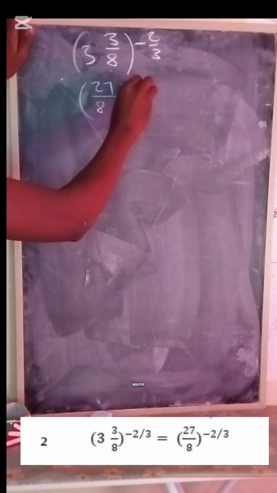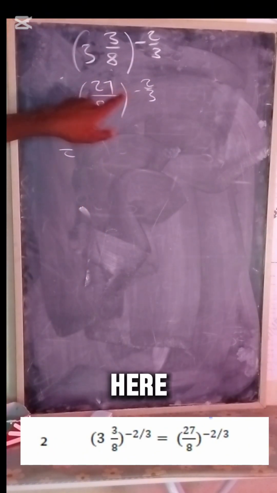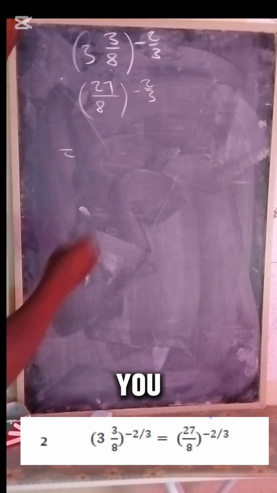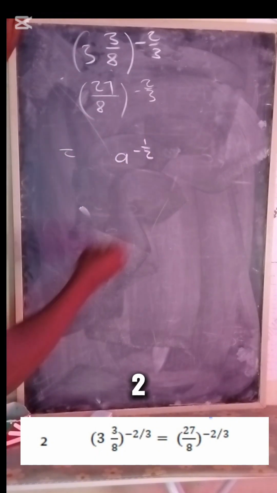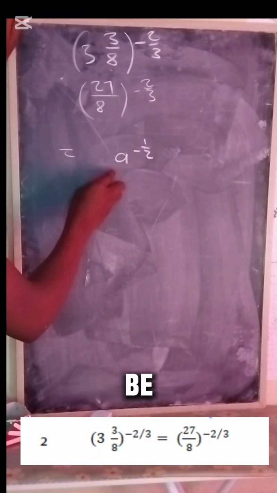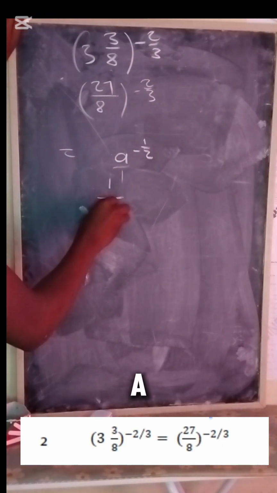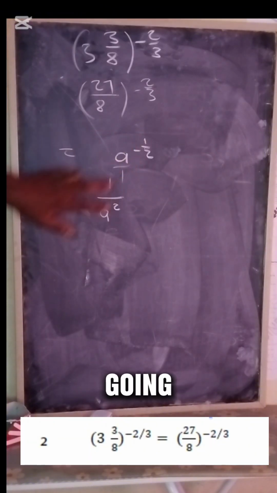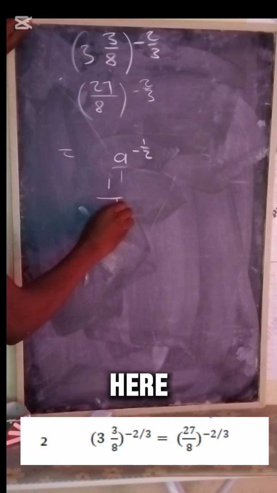Then negative 2 over 3. From here, you have a negative. Once you have a negative, for example, you have a question that says a to the power of negative 1 over 2, this is going to be, because you know that this is divided by 1, it's going to be 1 over a to the power of 1 over 2.